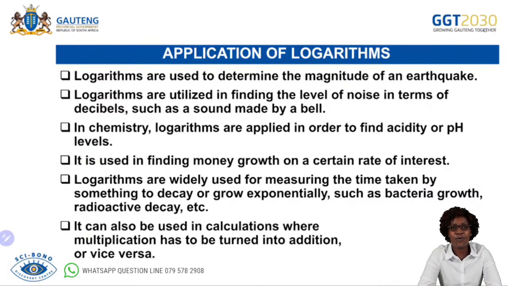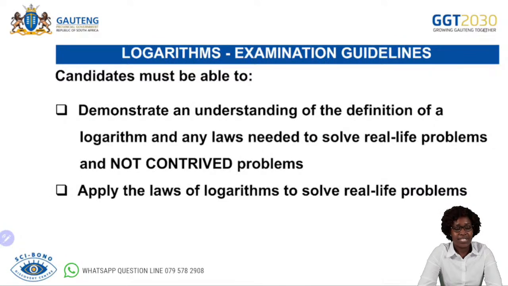That is the reason why we need to make sure that we understand what logarithms are and are able to use them. When you write your final exams in grade 12, what we really need you to do is understand what a logarithm is, as well as solve problems using logarithms.